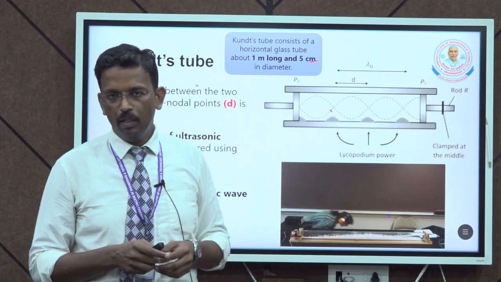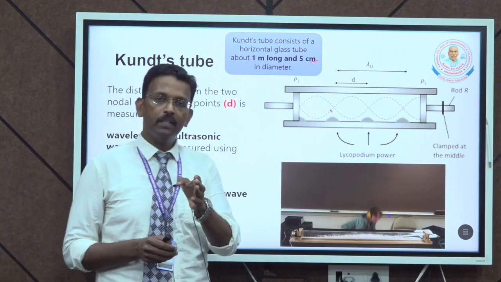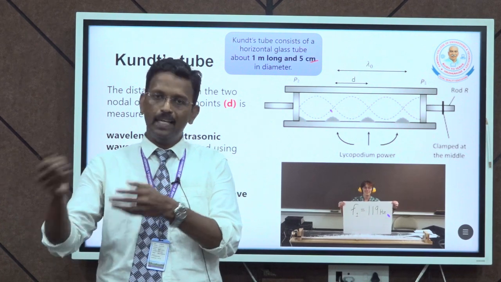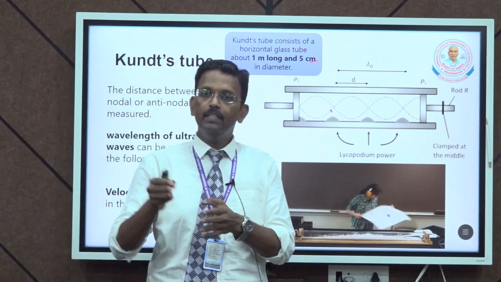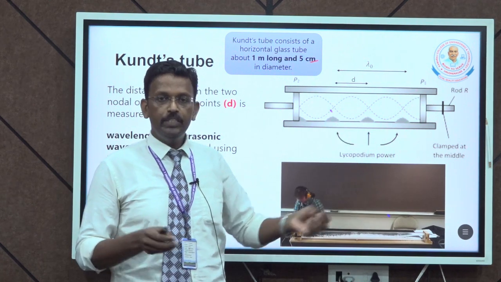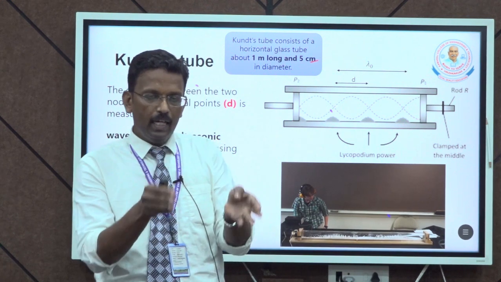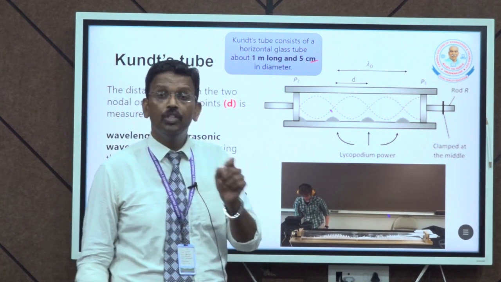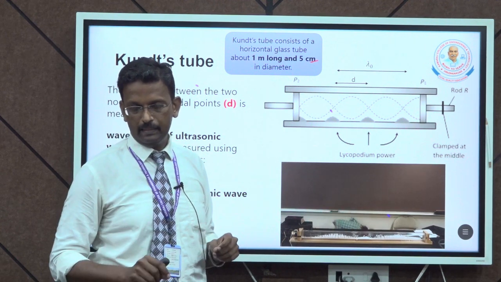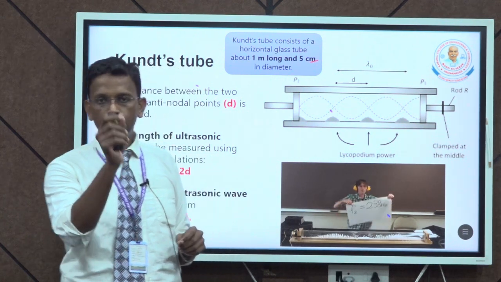A few slides before, I mentioned that particles present in the nodal plane do not move as much as the particles present in the antinodal plane. So, the lycopodium powder which we spread inside the column collects at some particular regions, especially at nodal planes, because there the particle movement is very small. At antinodal positions, particle movement is very high.